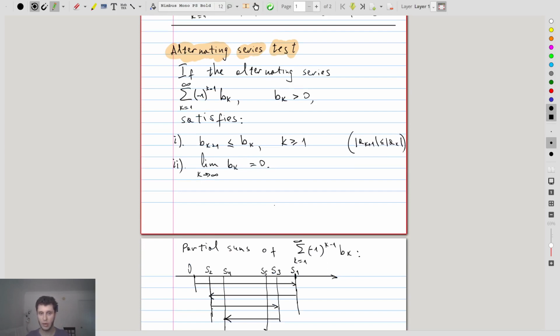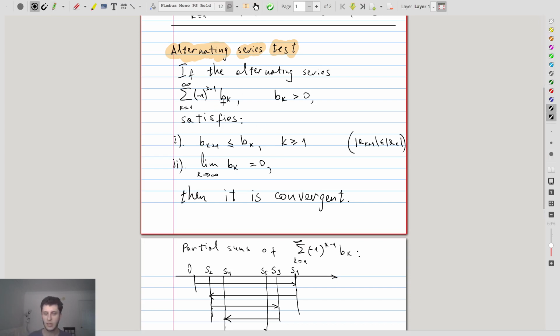And so I can now conclude the statement of the alternating series test, which says that if an alternating series of this form satisfies these two conditions, then it is convergent. So these are the assumptions that you need to check for an alternating series.